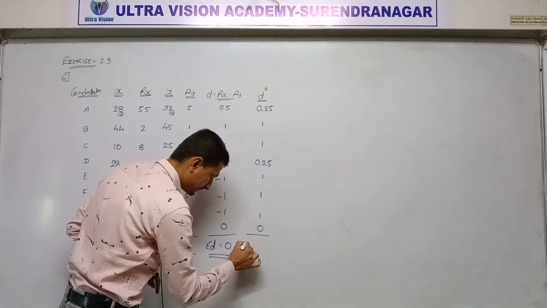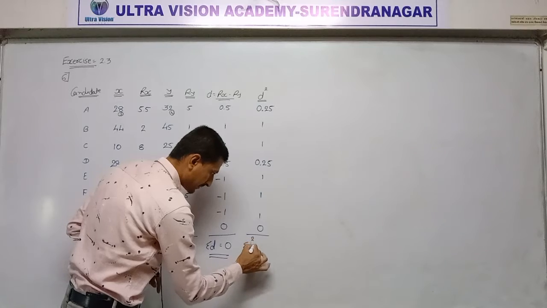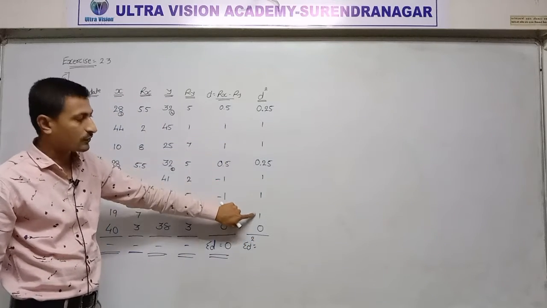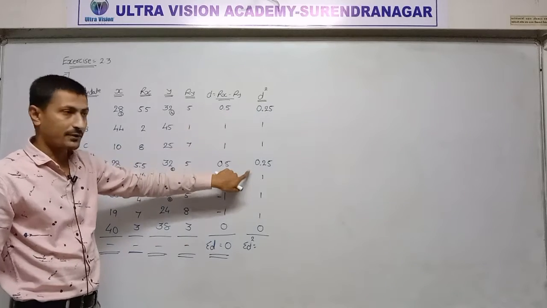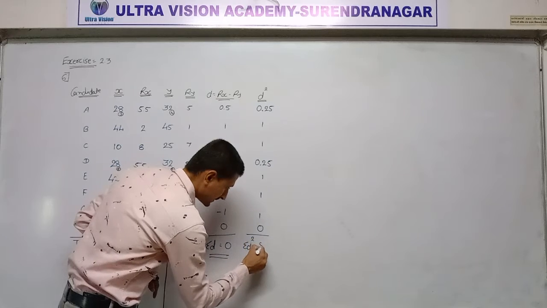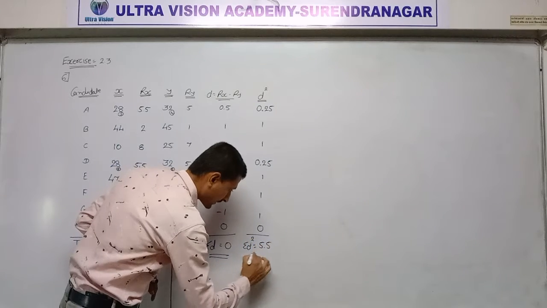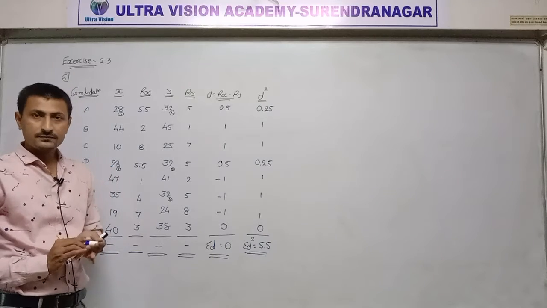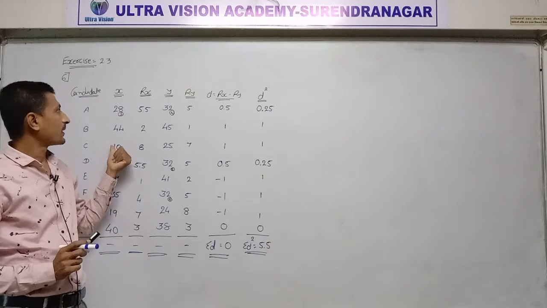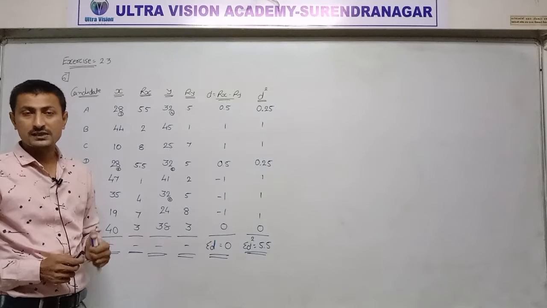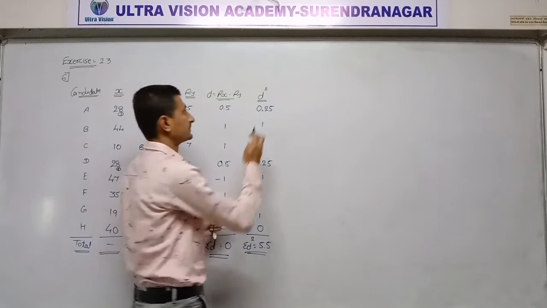So the total, sigma d square, is 1, 2, 3, 4, 5, and 0.25 plus 0.25 is 0.5, so 5.5 is the sigma d square column total. Next, observations are repeated for variables X and Y, so we need the CF, correction factor, table.